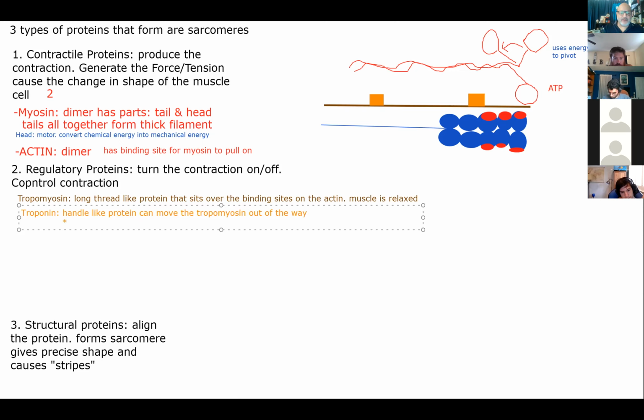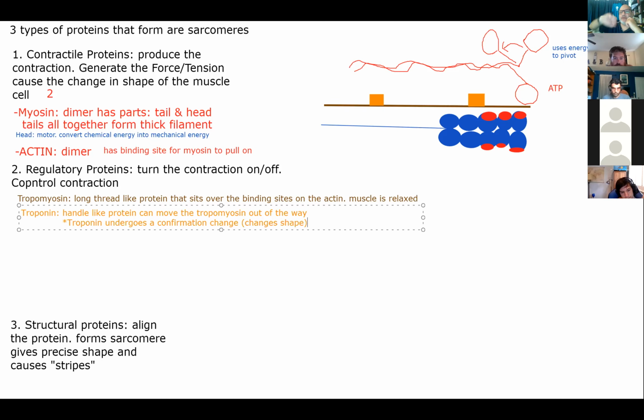Right. Basically, what will happen is troponin undergoes a conformational change, which again is a very fancy term. What does it mean to undergo a conformational change again? Change shape. Yeah, it just changes shape.